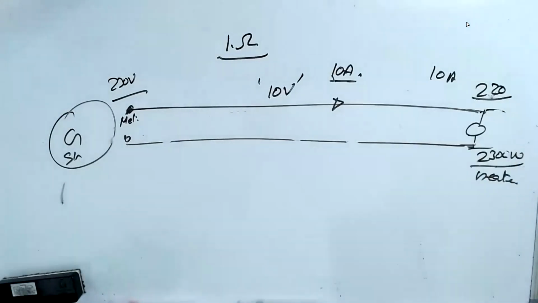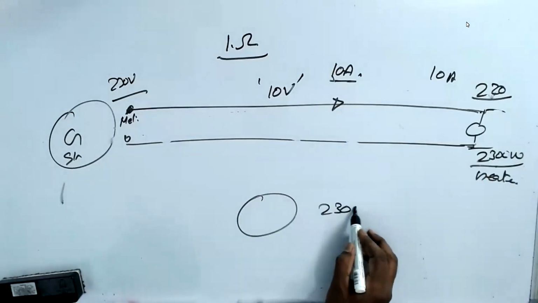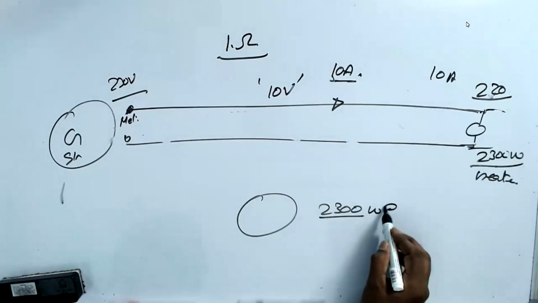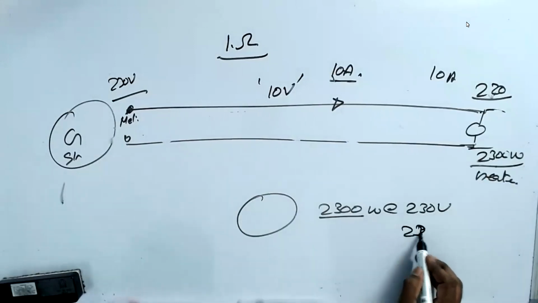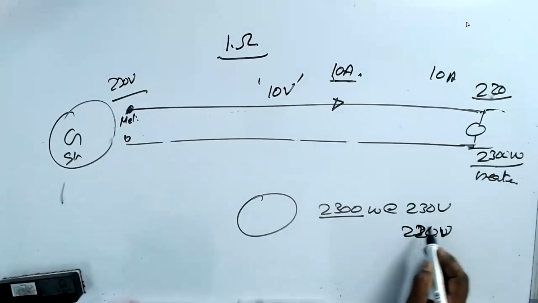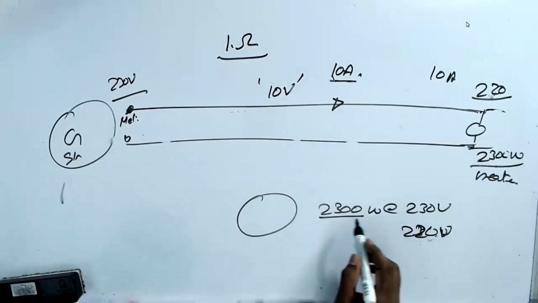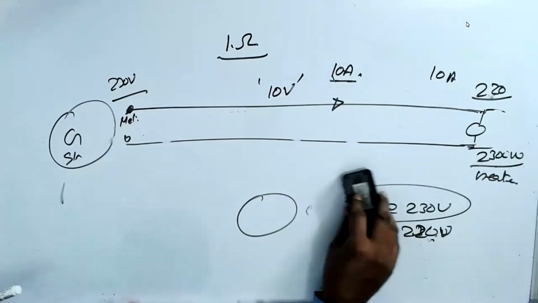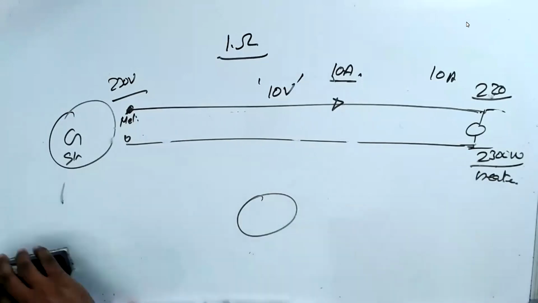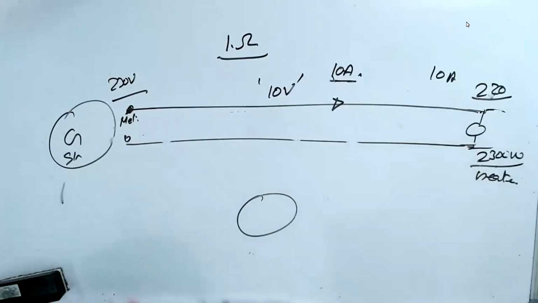You get here 220 volts, but your equipment is rated 2300 watts at 230 volts, and you are giving 220 volts only. So the heater will not give you proper heat because you are not giving the rated voltage. You're giving less voltage. So if you give less voltage, you get less power.